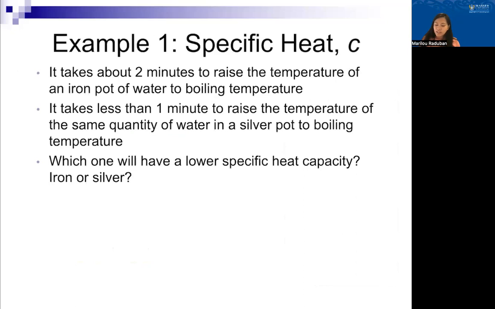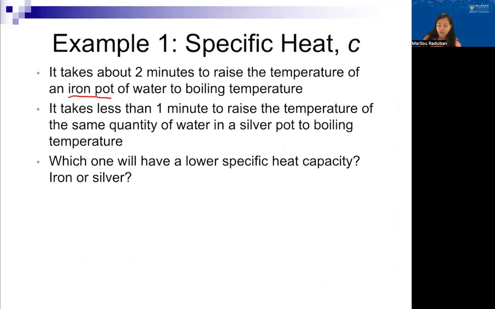So let's look at this conceptual example. It takes about 2 minutes to raise the temperature of an iron pot of water to boiling temperature, but it takes less than 1 minute to raise the temperature of the same amount of water in a silver pot.